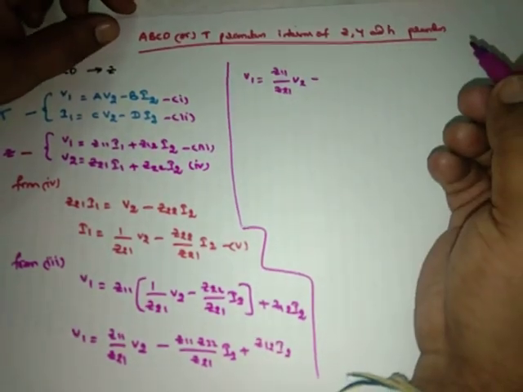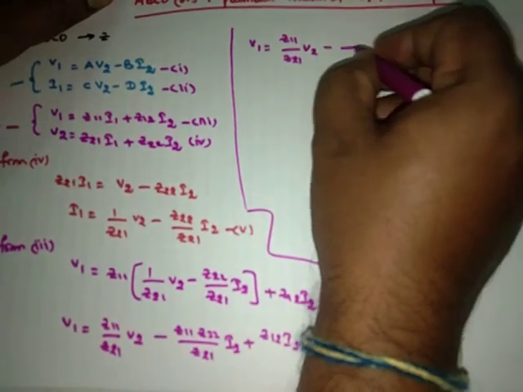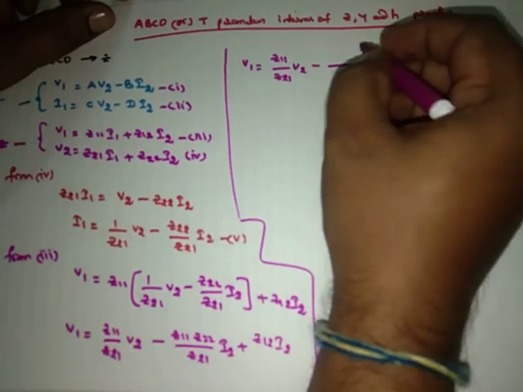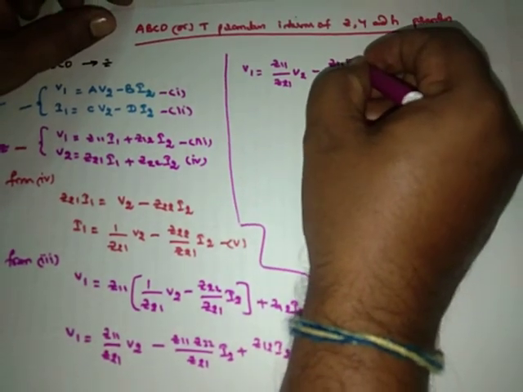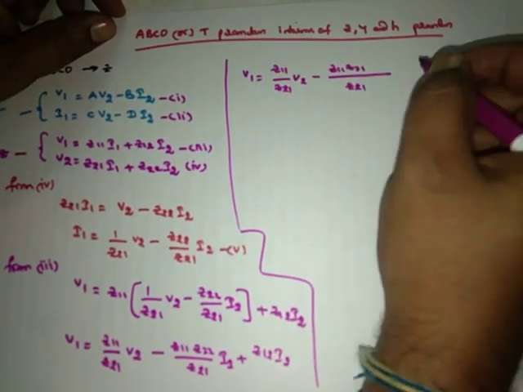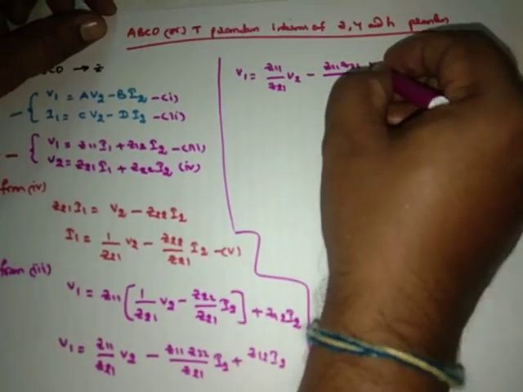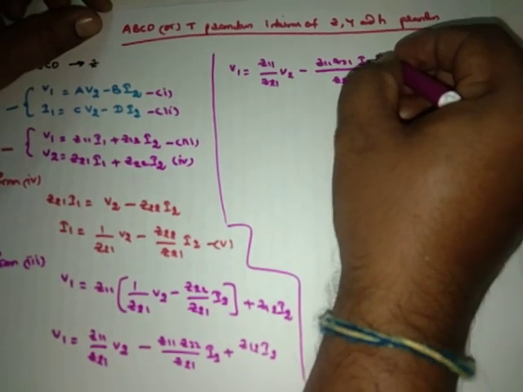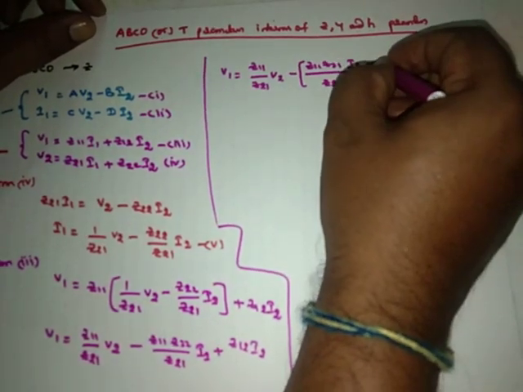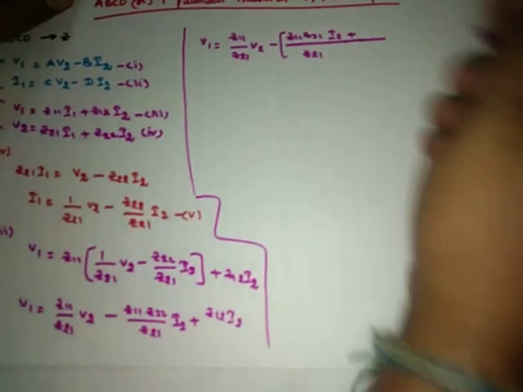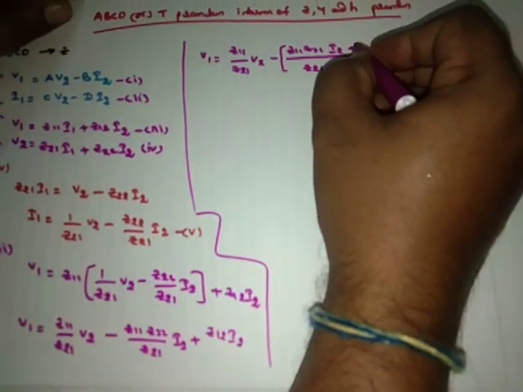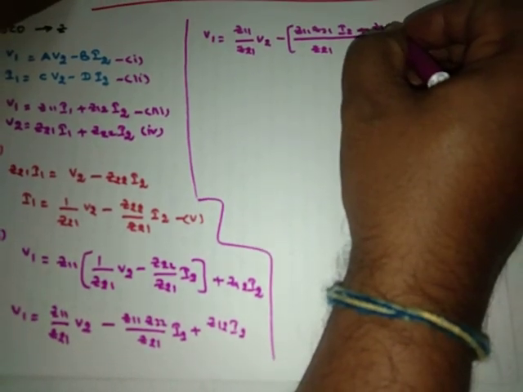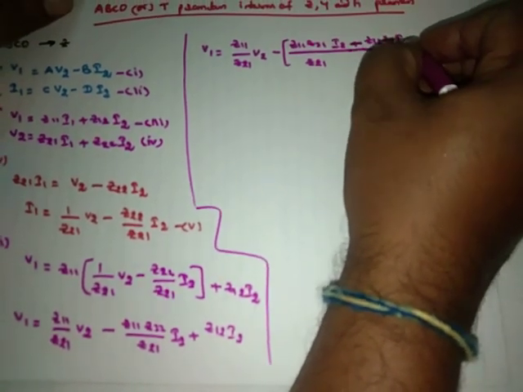Let's take common 1 by Z21 for the I2 terms. Take the bracket: minus Z11 Z22 plus Z12 Z21, into I2.